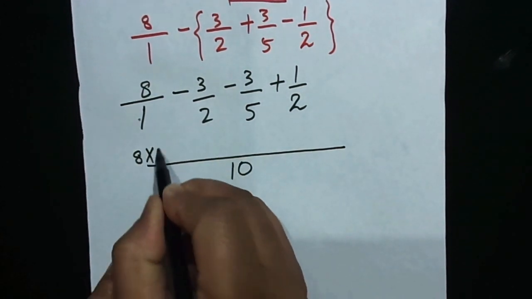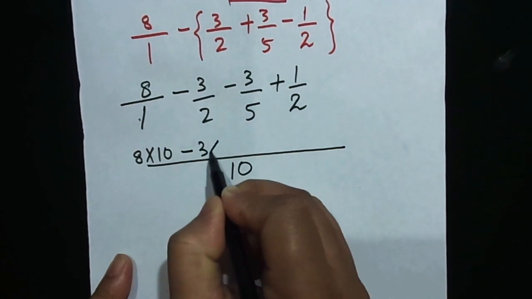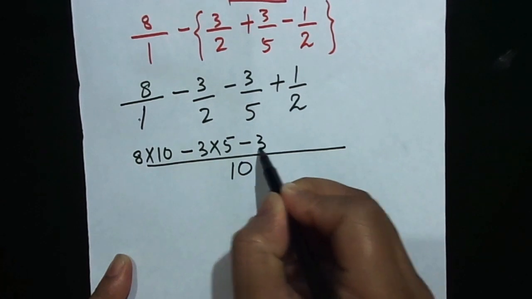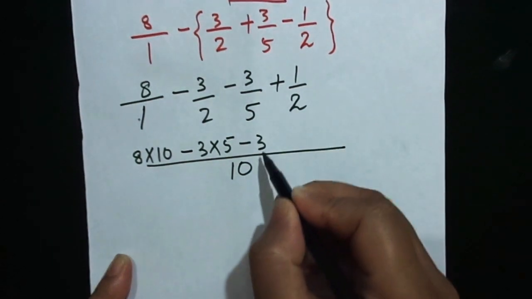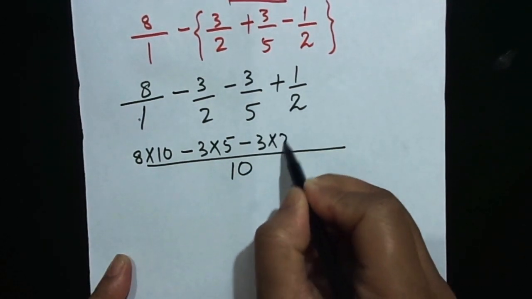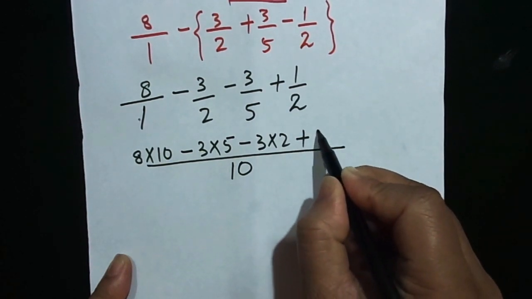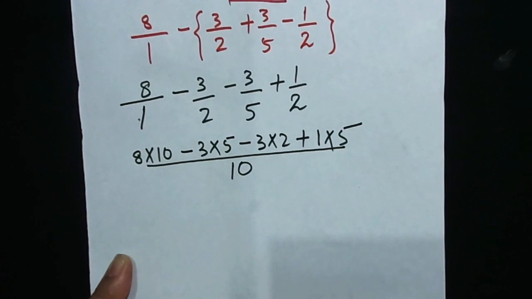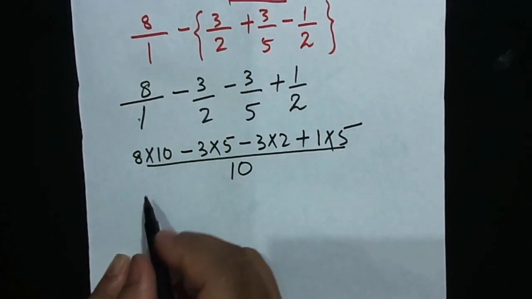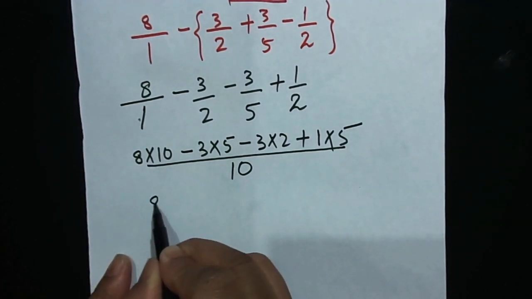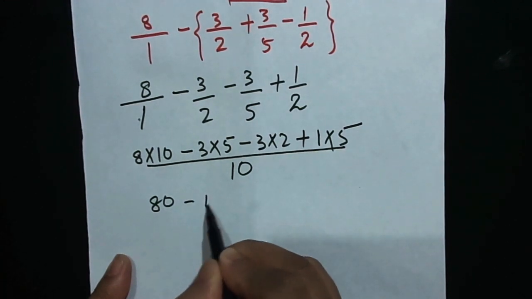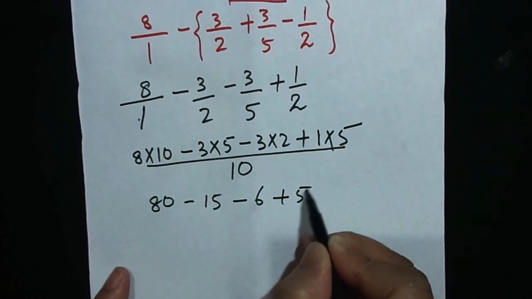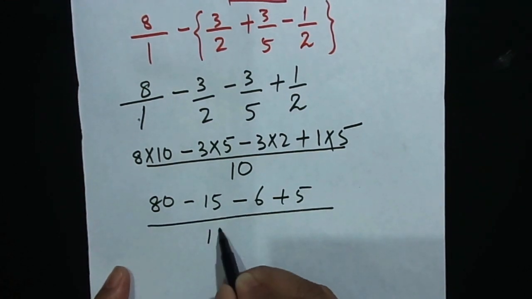So 8 times 10 minus 3 times 5, 5 times 5 minus 3, 5 2 times, so 3 into 2 plus 1 into 2, 5 times, so 1 into 5. So let us multiply them. 80 minus 15 minus 6 and plus 5 by 10.